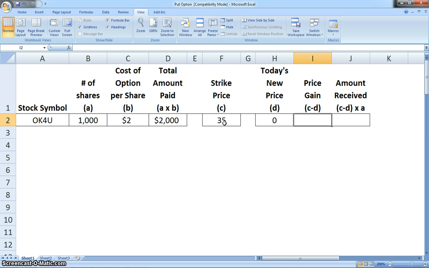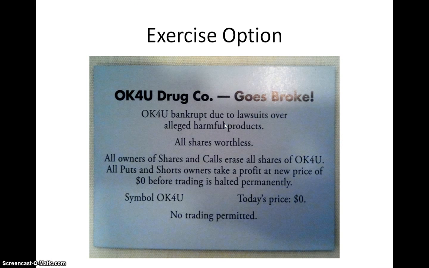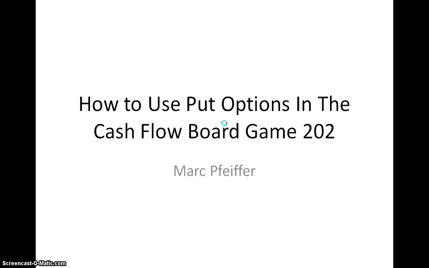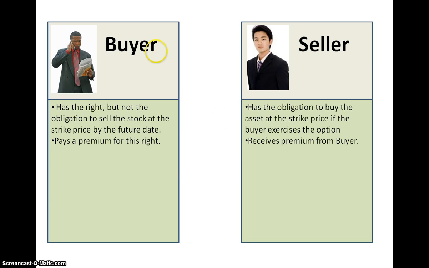And the buyer in this case was the seller of that put option. So going back to our PowerPoint presentation, you, the buyer, who purchased this put option from the seller, are now able to purchase the shares in the open market at $0 per share and sell them to this seller for $35 a share.